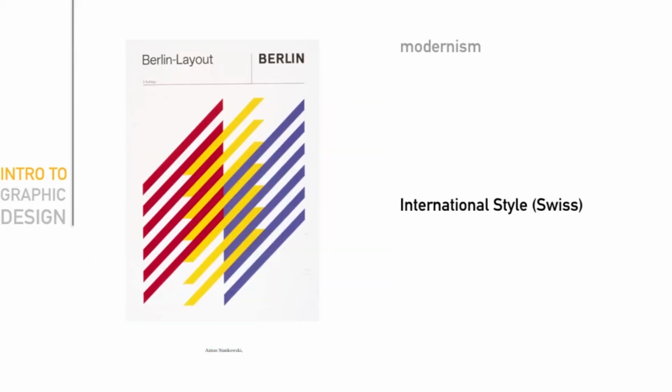Meanwhile, in Europe, the Swiss style, also known as the international style, and we have that style to thank for Helvetica, was focused on using pure form to communicate complex ideas and information. No emotion, a use of asymmetry, a use of sans serif type, the idea of researching what you're trying to communicate so that you know how to communicate it, so that by understanding you're able to invent forms that become symbols of complex ideas.